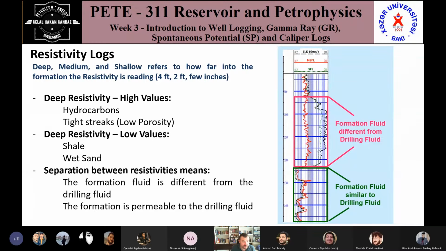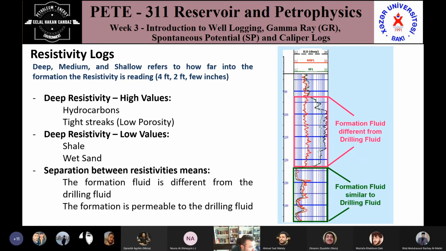Because it gives me other ideas regarding the hydrocarbon content, shale, wet sand, what type of lithology I have, and what the porosity level is. But I am putting it in a different manner, as the resistivity log.